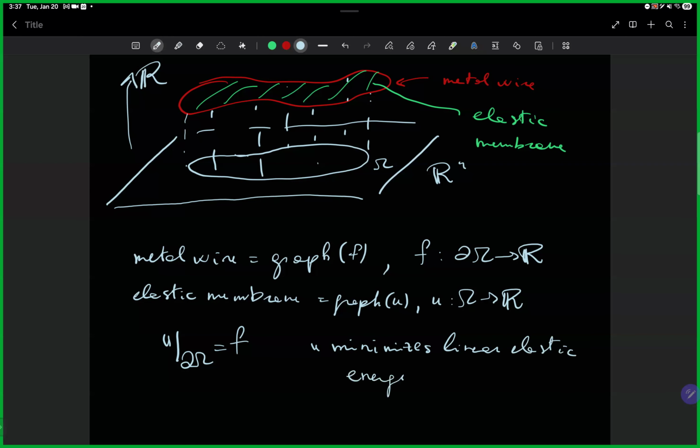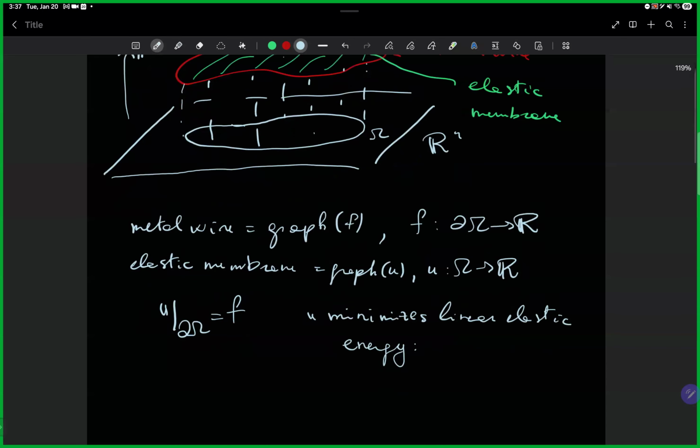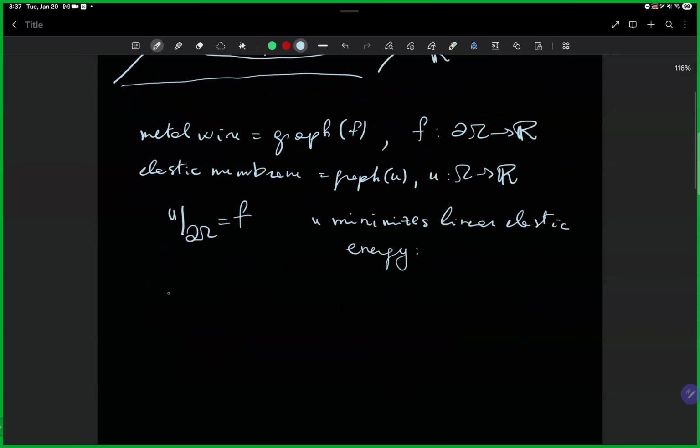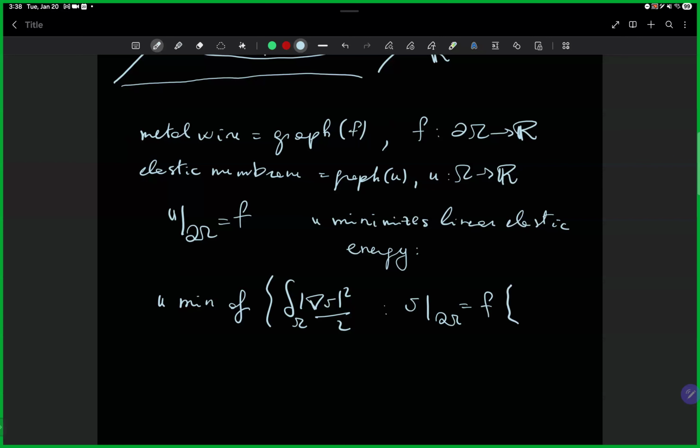And this means that u is a minimizer of the following energy: the integral over omega of |grad v|^2 over 2. This is the standard linear elastic energy with boundary condition v equal f on the boundary. Okay, so this is very simple. It's just the usual Dirichlet problem. So nothing very exciting happens.